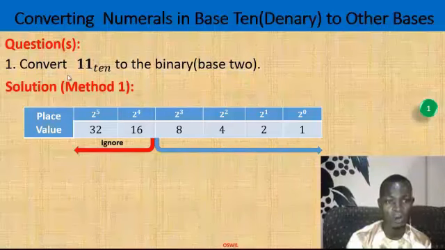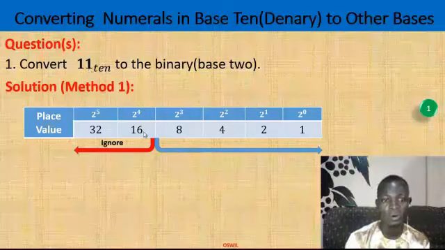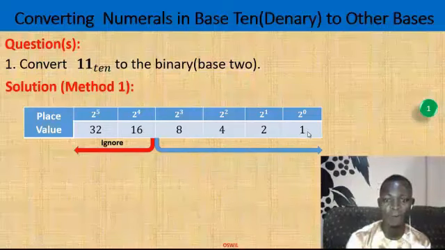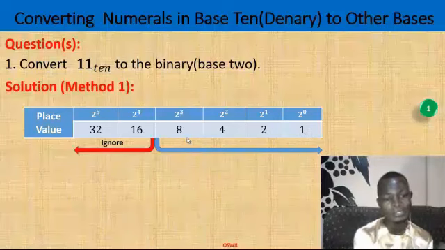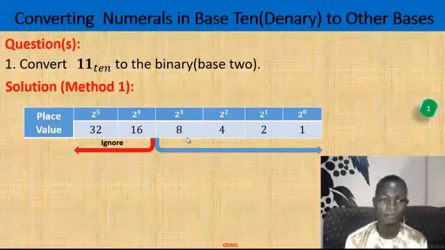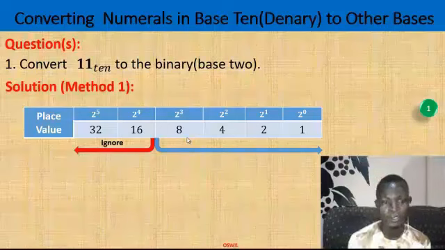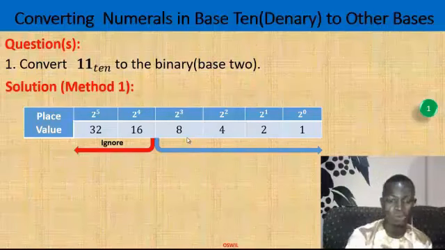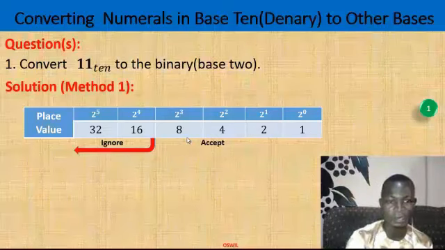But 16 is greater than 11, and therefore we should have written the place values from 1 up to 8, ignoring 16 upwards. But for explanation, I brought these numbers. So let's move on. We accept the place values less than 11.